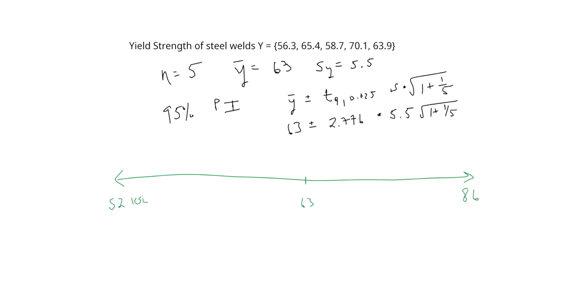And then if we're going to do our confidence interval, just to superimpose it and compare the two, this is the PI. Our CI looks like this. It's still centered on the mean, but it's going to be much more narrow, 56 to about 70.